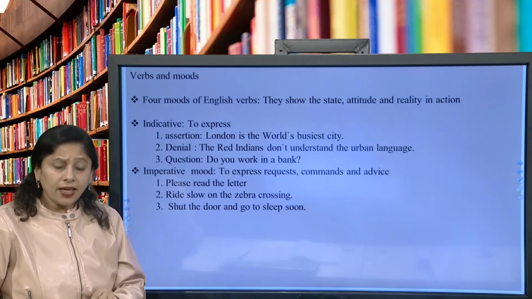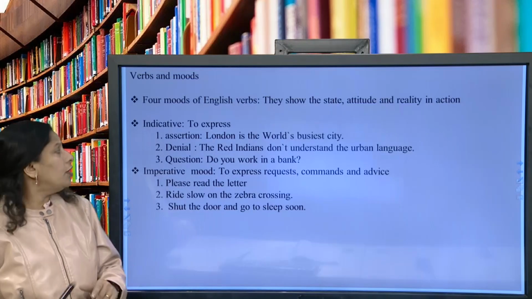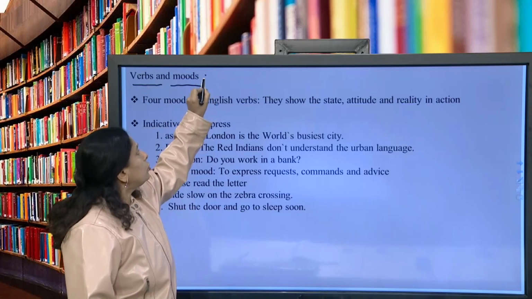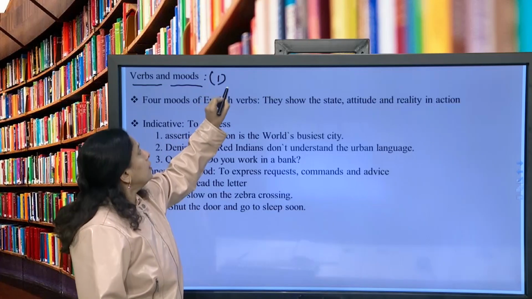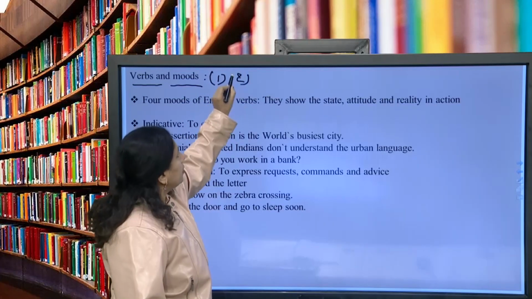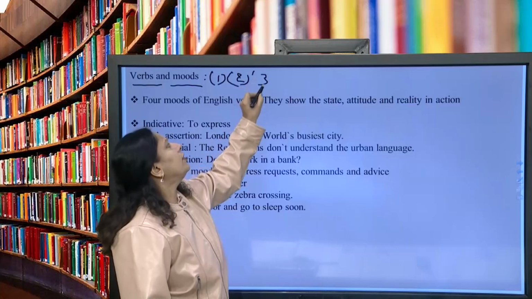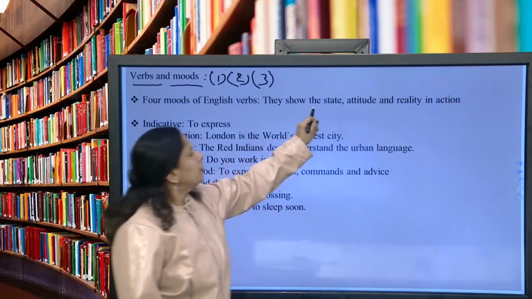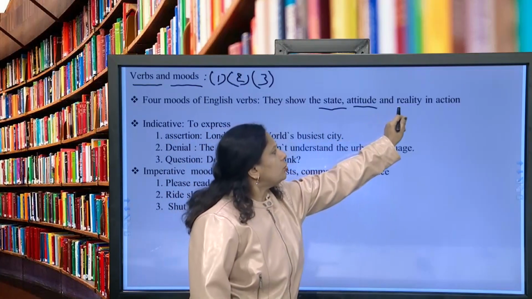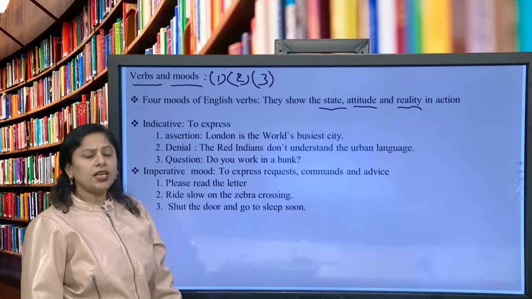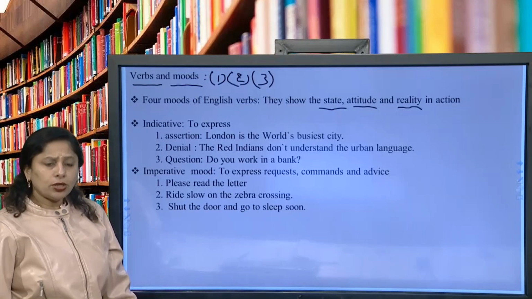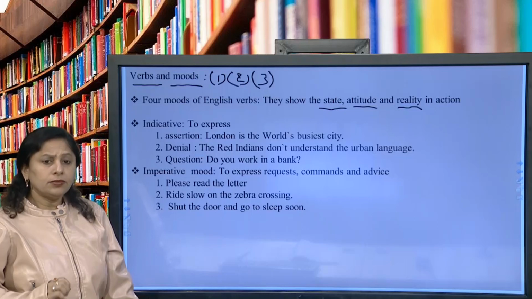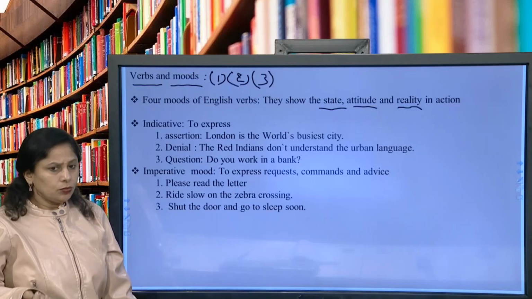Look, there is a saying that the moods of the verbs show the attitudes, the reality and the state of the verb. 3 things are denoted with the mood of the verb: state, attitude and reality. Keep these 3 things in mind and try to understand this quite difficult term about verbs, that is moods.